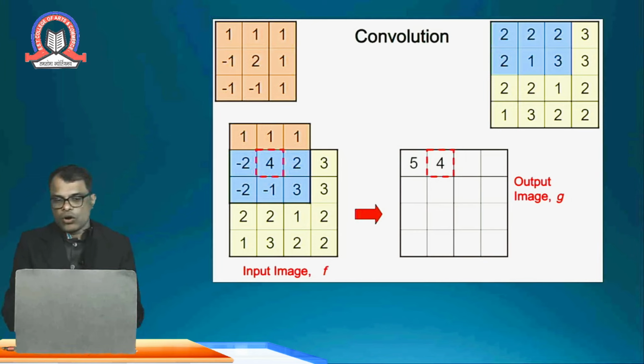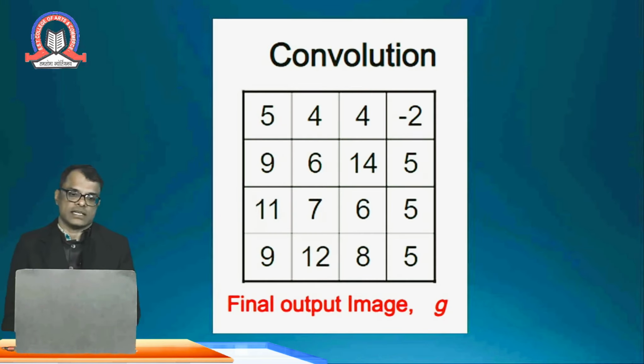Once all the shiftings are done, you get this final convolution matrix, which is 5, 4, 4, minus 2. Now I have the original image and the matrix to apply the effect, I do the convolution of both and I get this new matrix. In this you can see the filter is applied. Now this is all about the convolution.